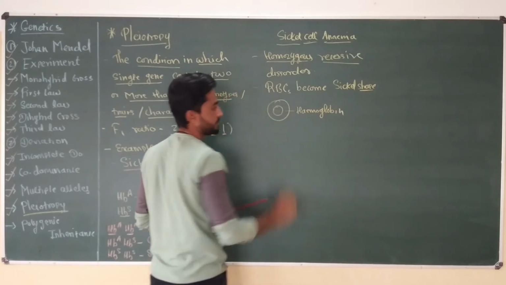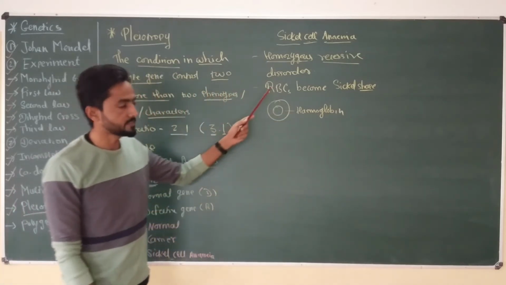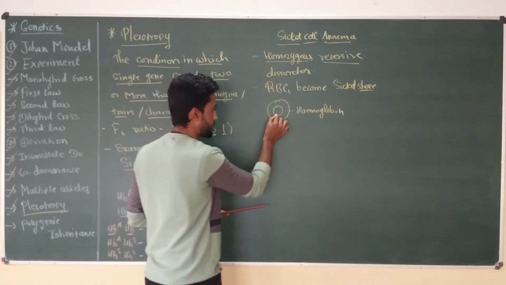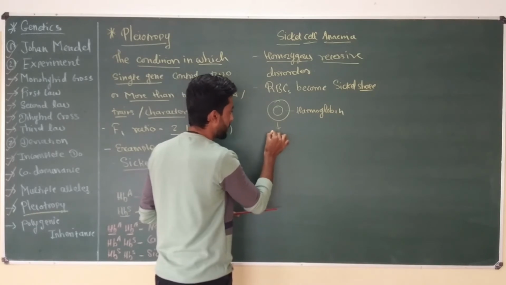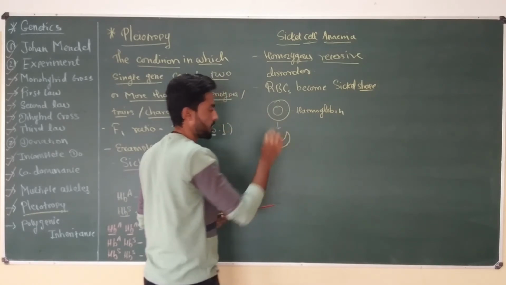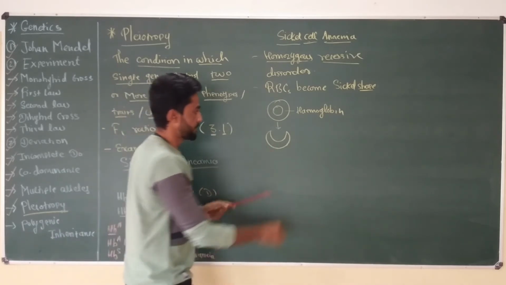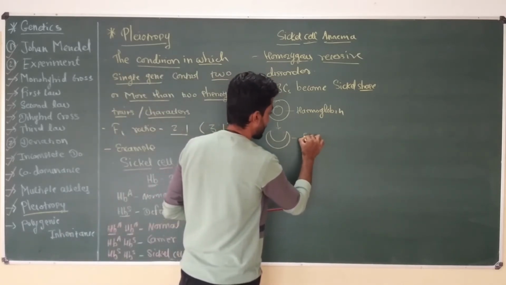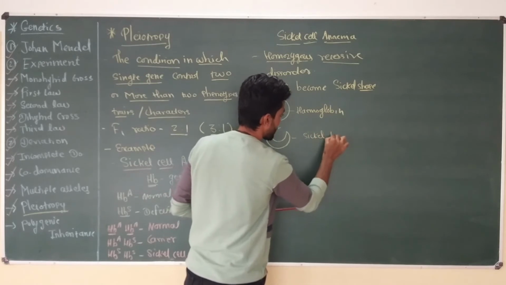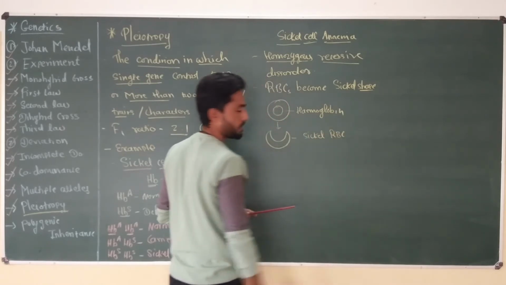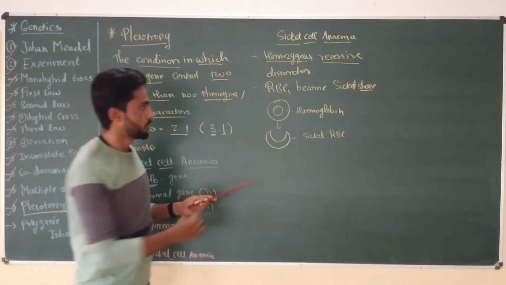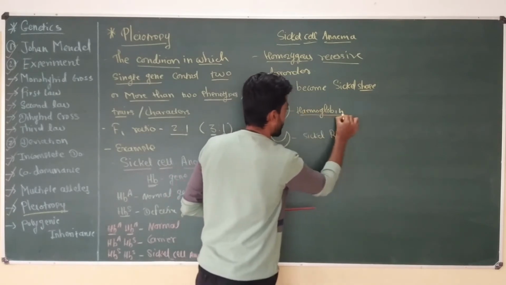This is normal RBC, but in the disease condition, the shape of the RBC changes and it becomes half moon shaped, okay, or sickle shaped. So this is called sickle RBC. And this happens due to defective hemoglobin molecules.